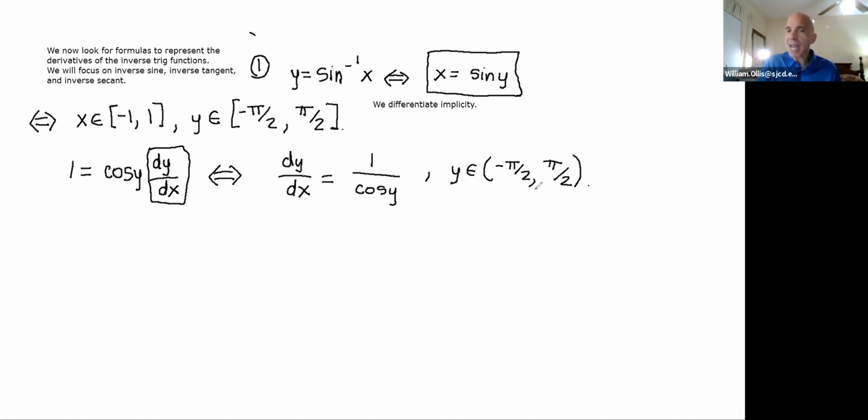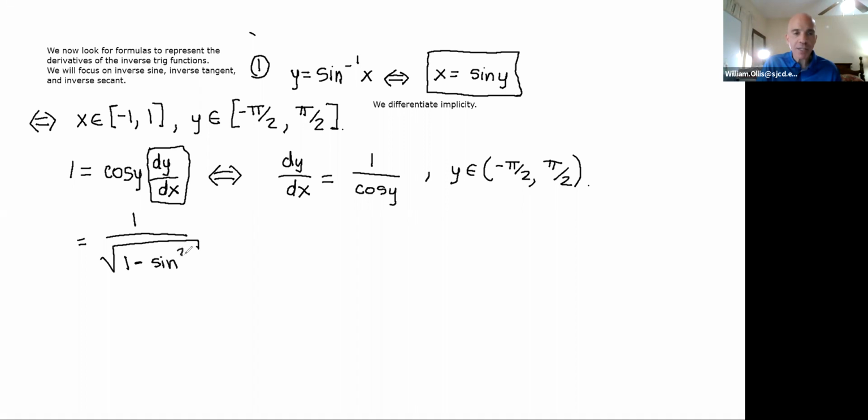Now notice, like we had before, the y lives here, and this is where the cosine is positive. So we're going to rewrite the cosine as the square root of 1 minus sine squared y. So now this will just say equals 1 over the square root, just using our fundamental identity, 1 minus sine squared y.